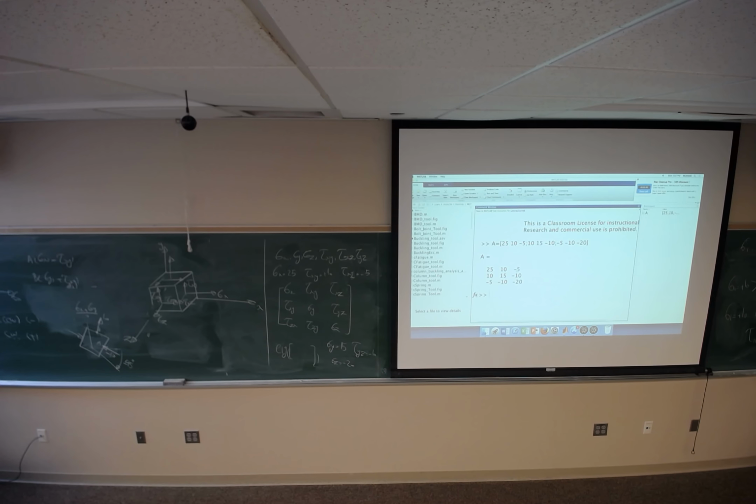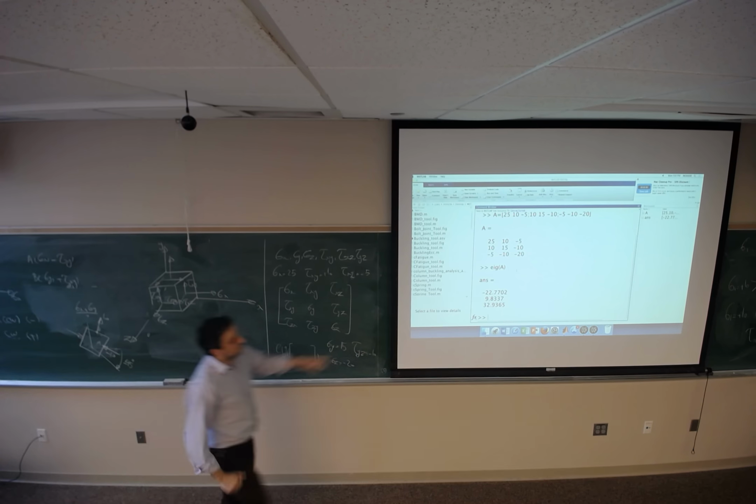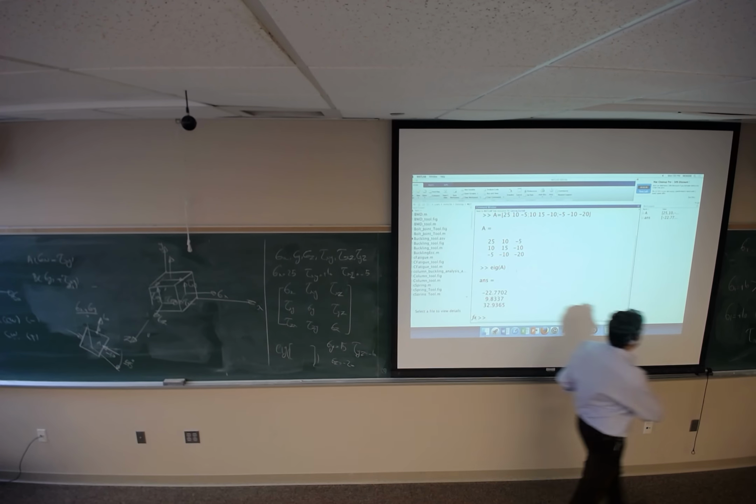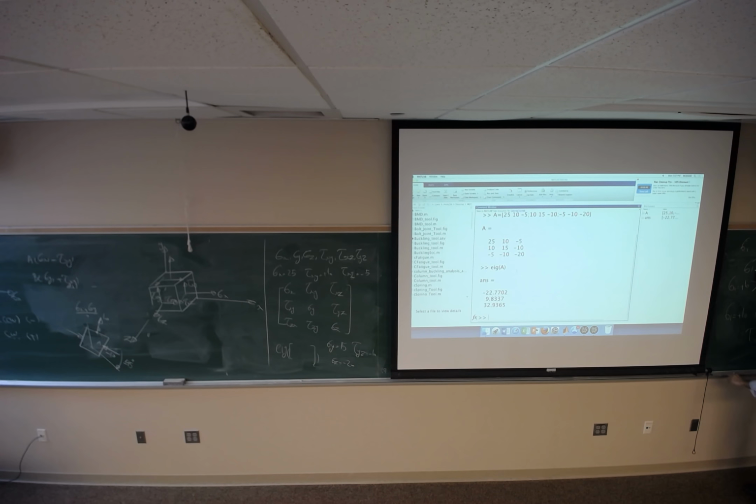If you just type EIG of the matrix A, you will get 3 answers. These are the principal normal stresses. Sigma prime 1 is negative 22.77, sigma prime 2 is 9.8, and sigma prime 3 is 32.9.